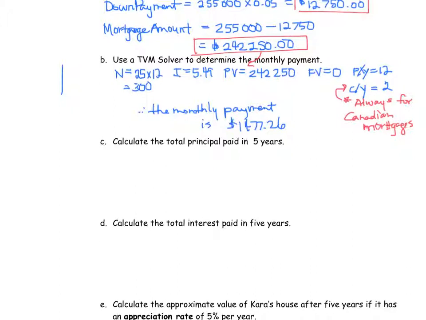Now there's a new function that I'm going to show you on your calculator called the principal function. So first of all, let's write some steps down so you can refer back to this. First of all, press second mode on the calculator to quit the TVM solver.